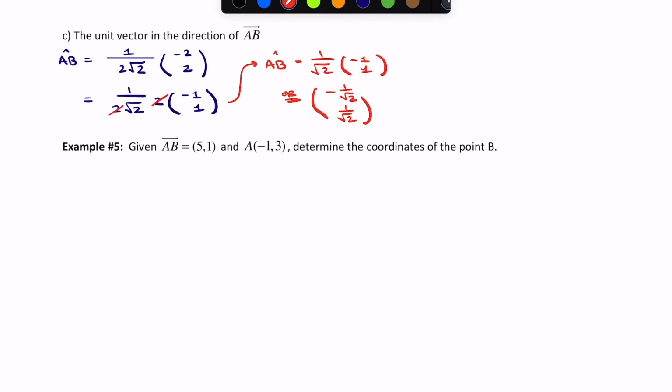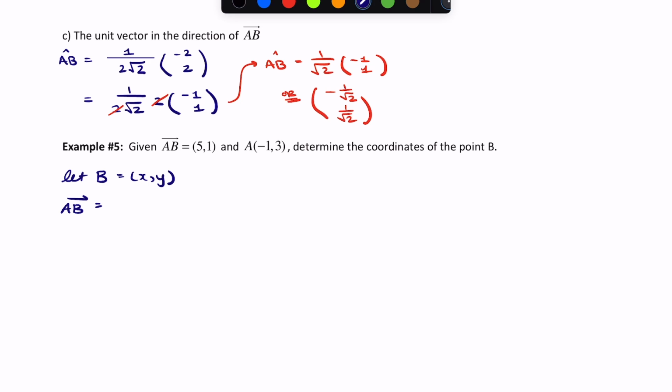Finally here, example number 5, it says given vector AB is equal to 5, 1 and A is equal to -1, 3, determine the coordinates of point B. So here we're going to let B equal x and y as our coordinates. Here, vector AB is equal to 5 and 1, and A is equal to -1 and 3.